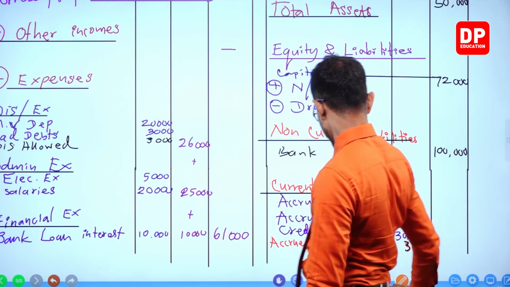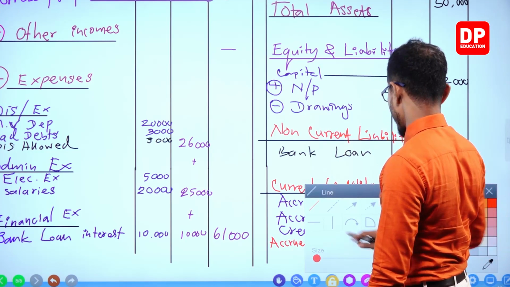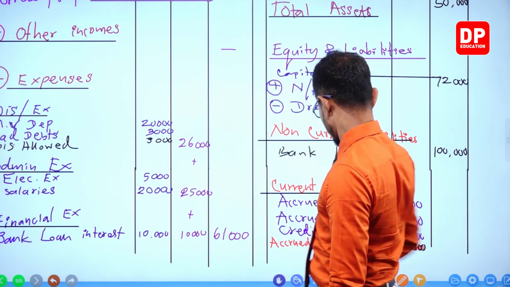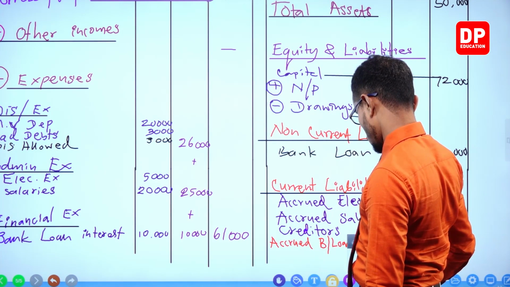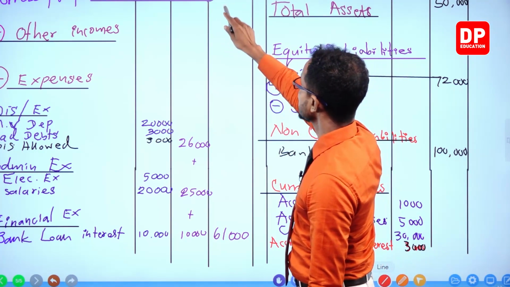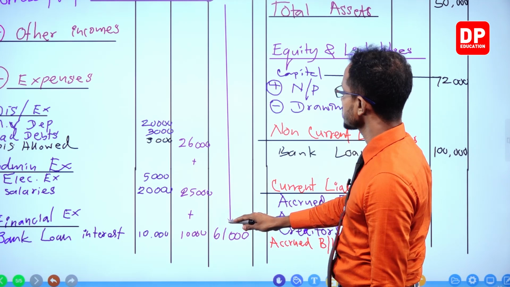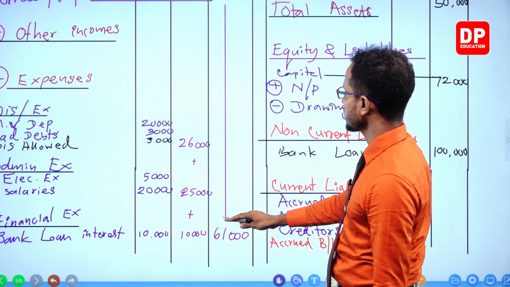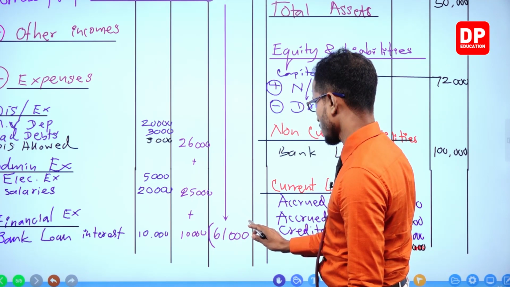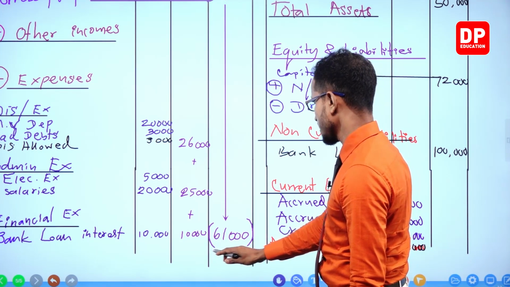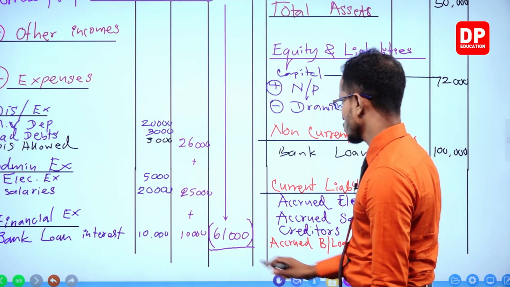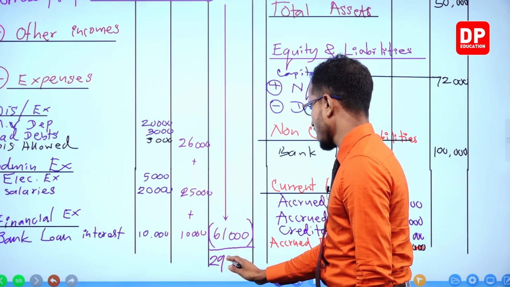Okie dokie. From the gross profit 360, you have to subtract 61,000. And the answer is 360 minus 61, 299,000.